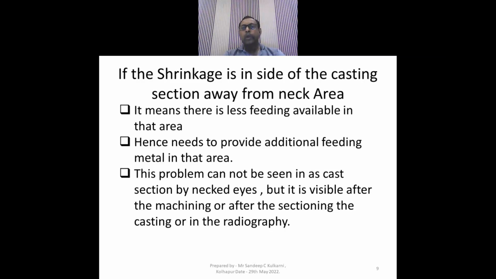Hence, we need to provide additional feeding metal in that area. This problem cannot be seen in the as-cast section by naked eyes, but it is visible after machining, after sectioning of the casting, or in radiography.